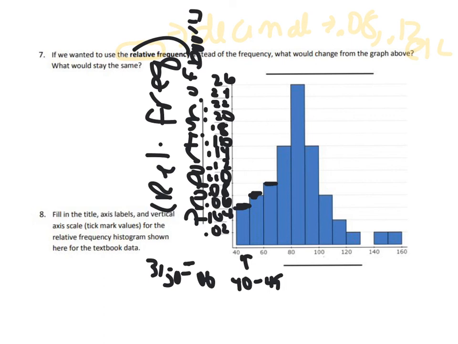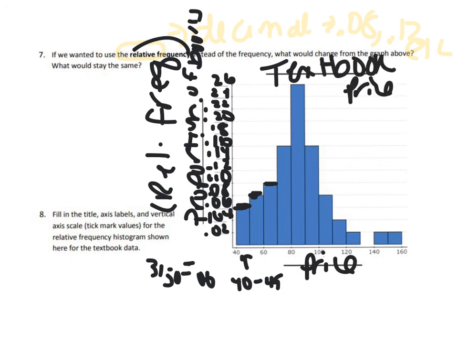And so that's how I knew to put the numbers on there. So all I did was take the ones off the chart, and this is my price. And this is still my textbook prices. So all I did was basically put the proportions on the side rather than the regular frequencies.